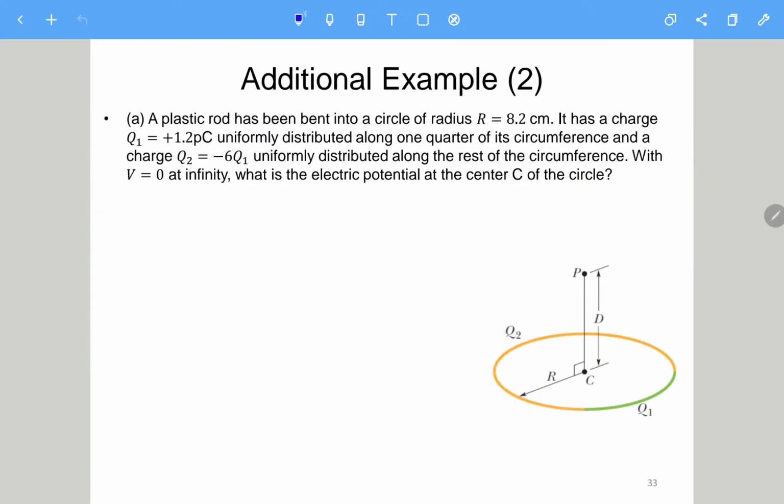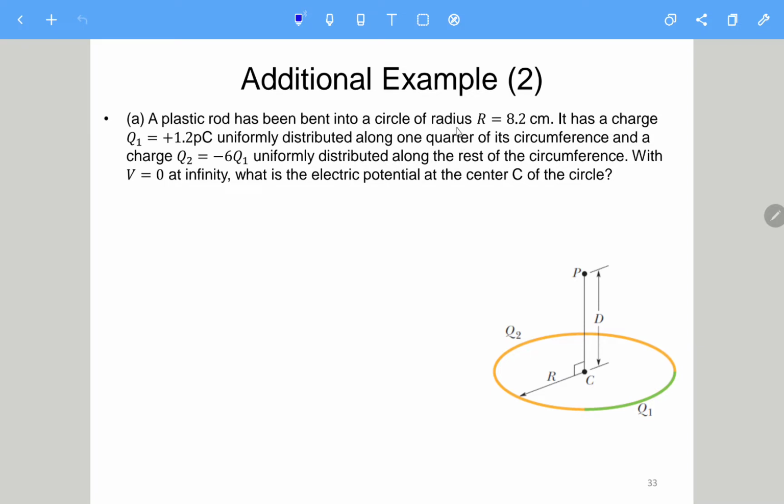Okay, here we have one or two additional examples. This one is simple. It says a plastic rod has been bent into a circle of radius capital R. It has a charge Q1 uniformly distributed along a quarter of its circumference, and a charge Q2 uniformly distributed along the rest of the circumference.